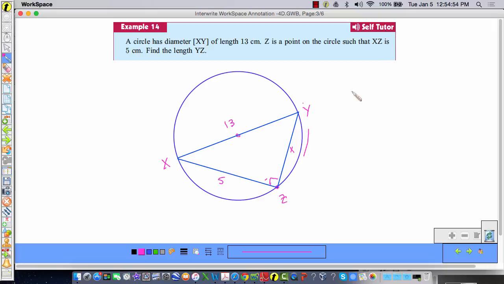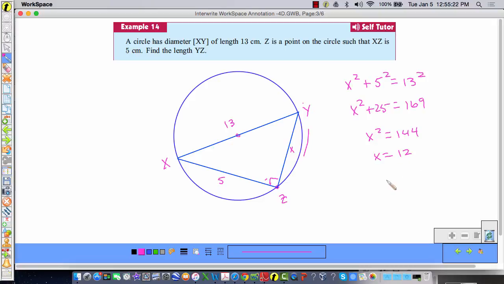So we can use our friend Pythagoras. You should already know the answer. This is a very common Pythagorean triple, a very common set of side lengths to form a right triangle. So x squared plus 5 squared is equal to 13 squared, x squared plus 25 is equal to 169, x squared equals 144, and x equals 12.